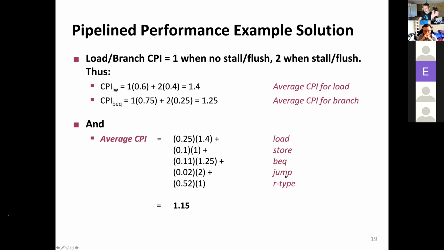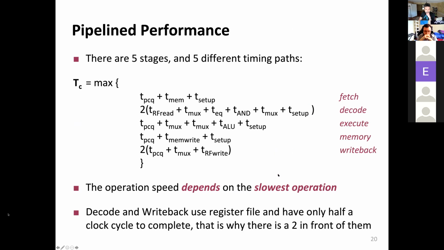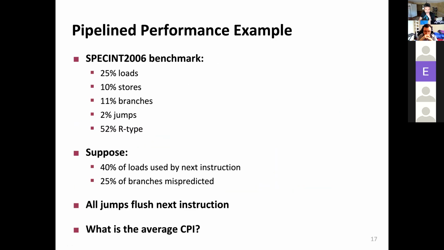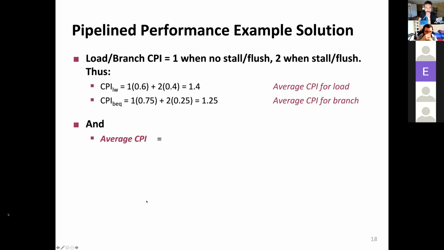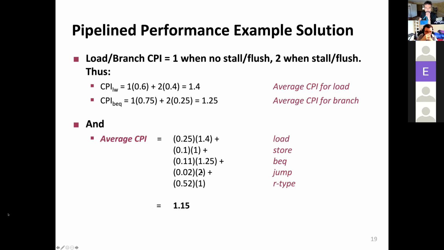For jump, again, here we assume that all jumps flush the next instruction, meaning that we need to have waste for jump no matter what. So basically, we have this additional all the time.